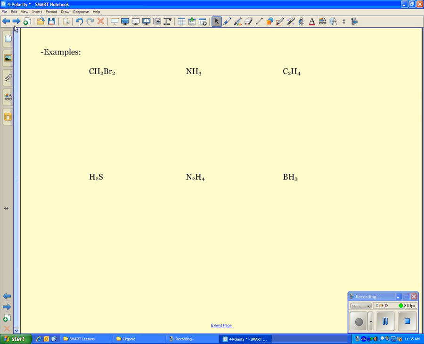Let's look at a few more examples. CH2Br2, a carbon in the middle and two hydrogens and two bromines. We don't know where those are, so there's actually two possibilities for this molecule. Let's draw the possibility with our two hydrogens attached to the same carbon and our two bromines attached to the same carbon.